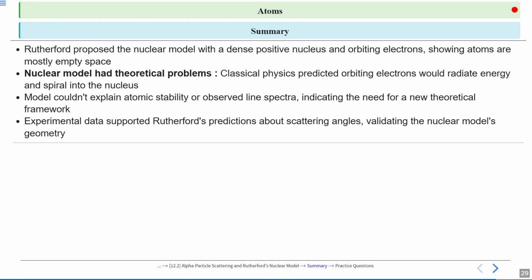Despite its problems, Rutherford's model was supported by experimental data. When scientists fired alpha particles at thin gold foil, most passed through, but some bounced back at large angles. This matched Rutherford's prediction and confirmed that atom's positive charge is concentrated in a small nucleus. So while the model wasn't perfect, it was a crucial step forward in understanding atomic structure.